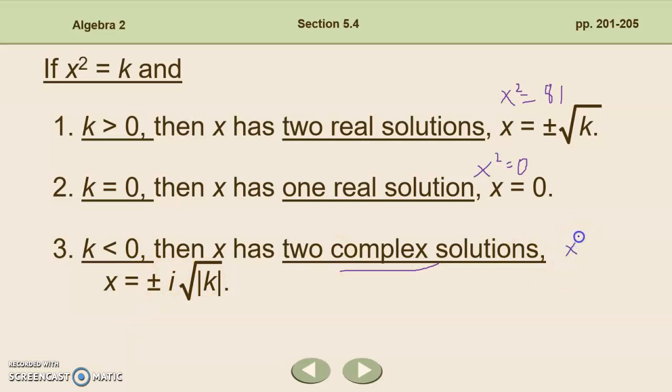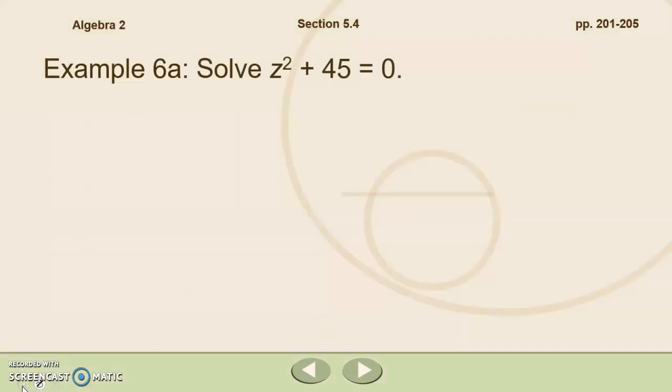And we saw that when we did x squared equals, for example, negative 9, x would equal i times the square root of 9, which in this case means x would equal plus or minus 3i. And the use of the i makes this a complex number.